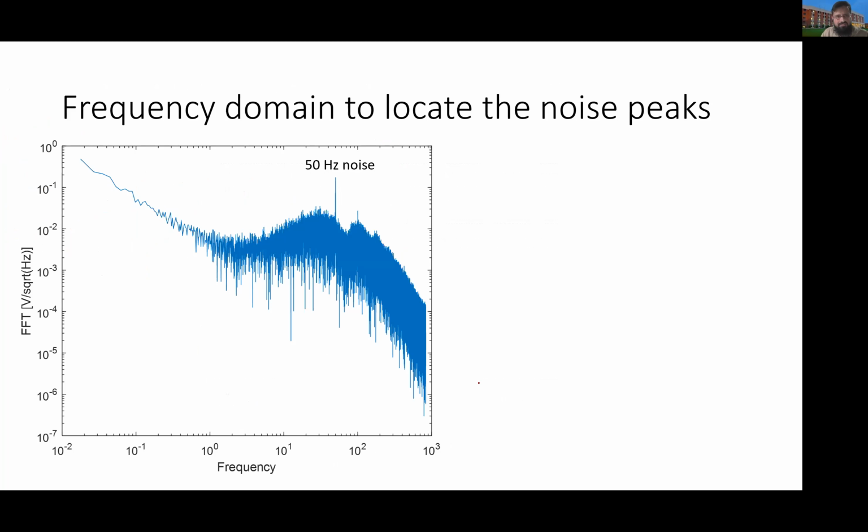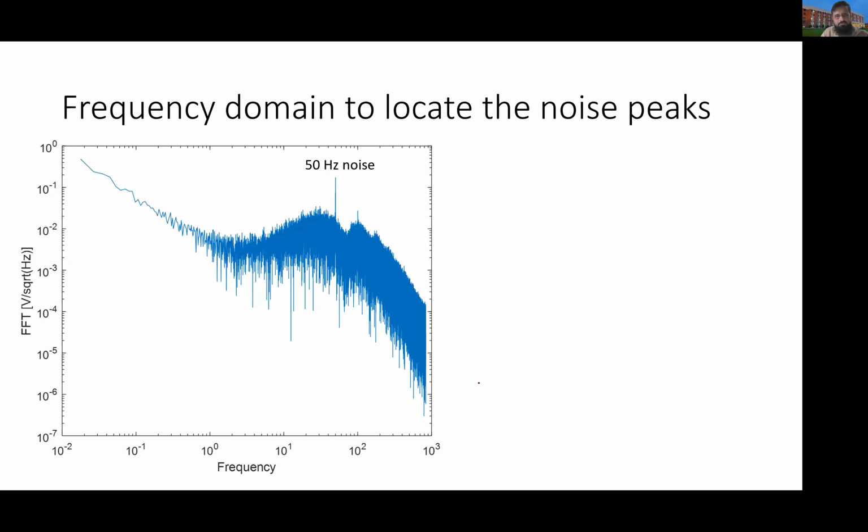One other thing before I explain the lab task to you is the frequency domain view of the time series signal that we just saw. If you do the fast Fourier transform, the time series signal will look like this in the frequency domain.